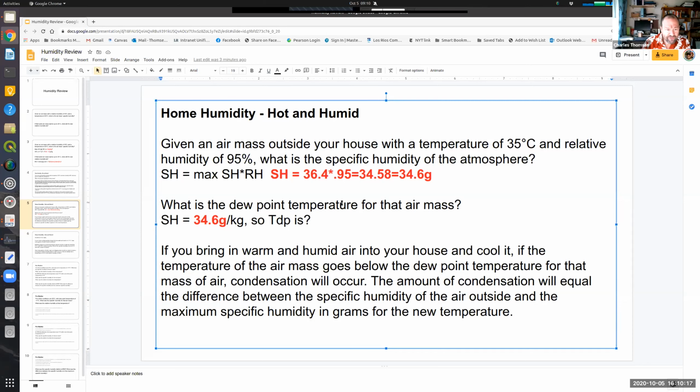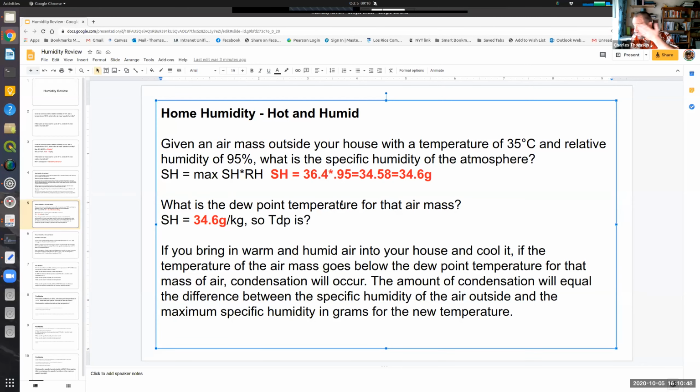So if it has 34.6 grams and you cool it to 35, it's not going to condense, right? But if you cool it to 34, you're going to get condensation. So just cool it and find the temperature. If it's 34.6, you wouldn't have condensation at 35 degrees, but you would at 34. So that's the number we're going to use.